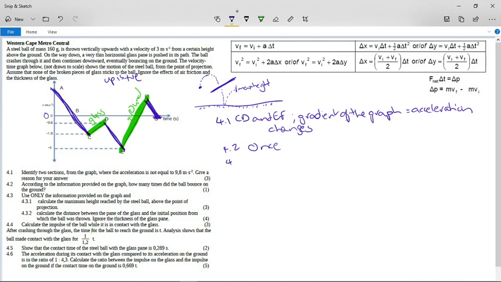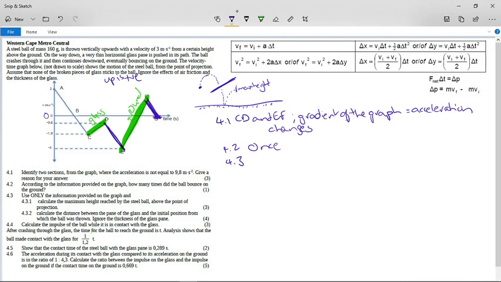Now it says 4.3, use only the information provided on the graph and calculate the maximum height reached by the steel ball above the point of projection. So this is easy enough if you haven't scribbled all over the graph and can still read the writing. If we want to find the maximum height, we are looking for delta y.